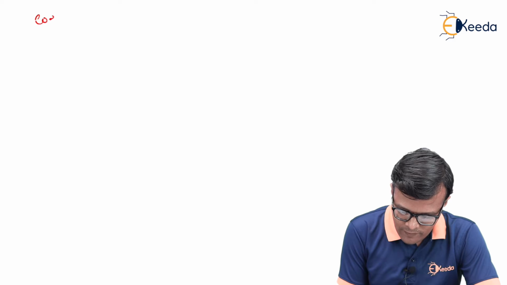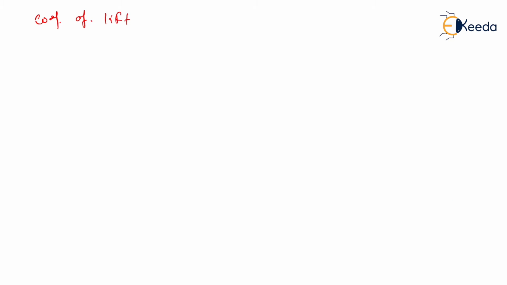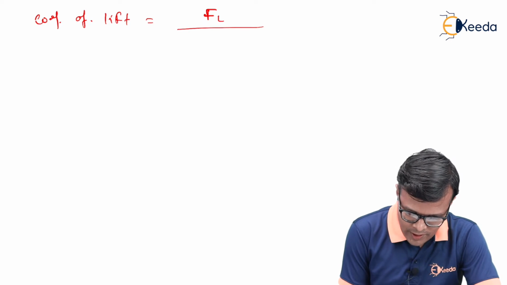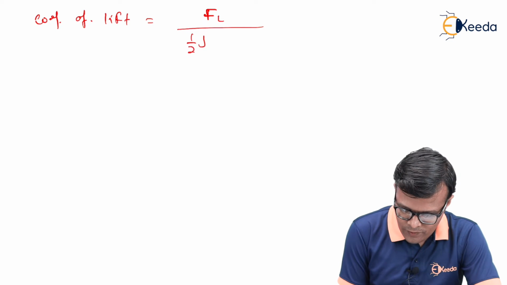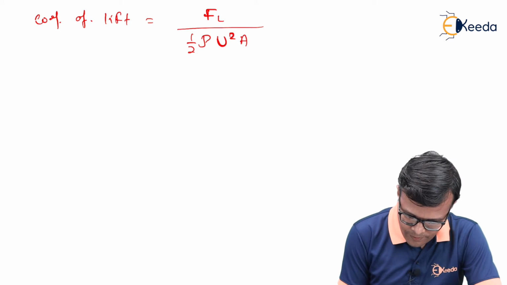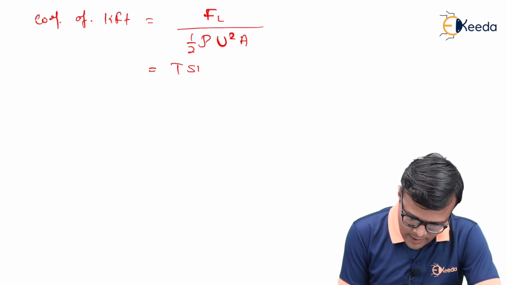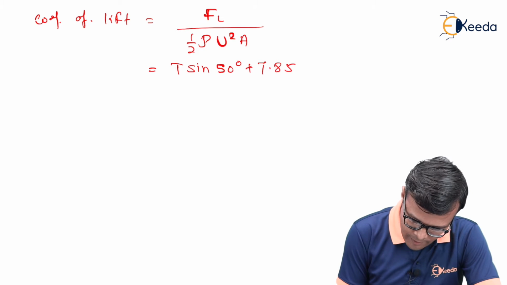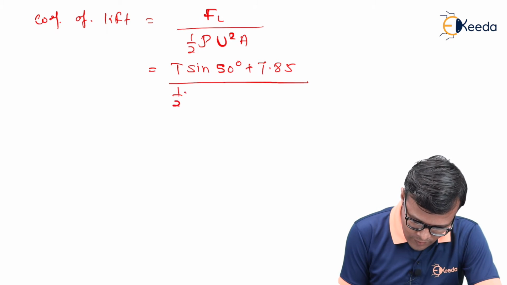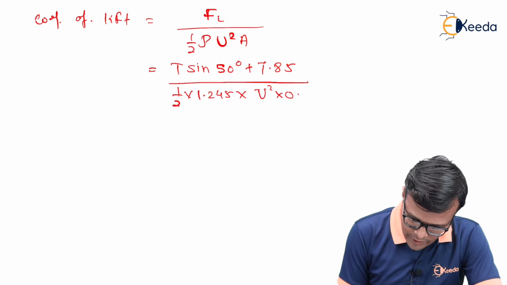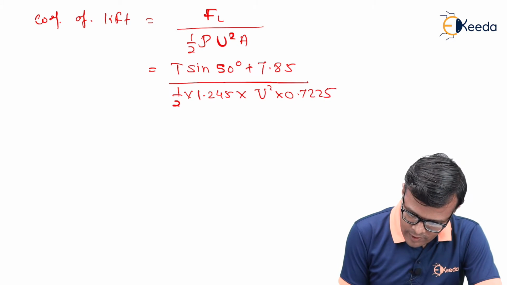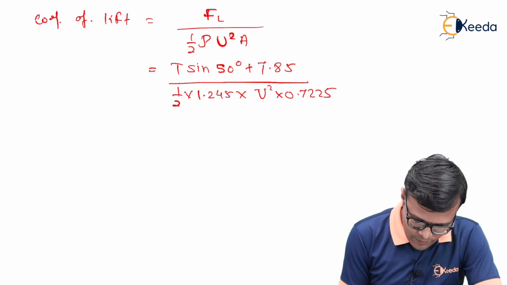Similarly, coefficient of lift is lift force divided by 1/2 rho u square into A. So T sin of 50 degree plus 7.85 divided by 1/2 into 1.245 into u square into 0.7225 is equal to 0.79.